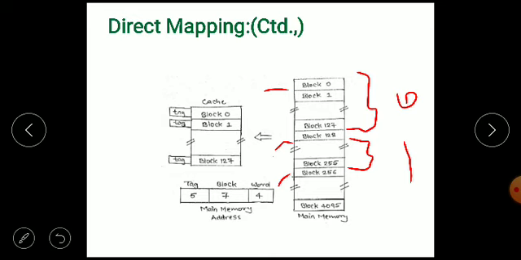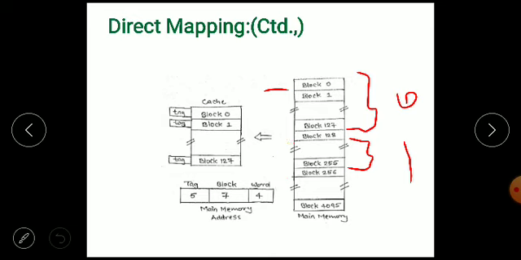So if we want to move the first block of any page in the main memory, then the first block of every page should be mapped into block 0 of the cache memory, right?